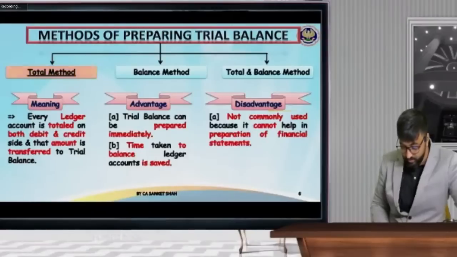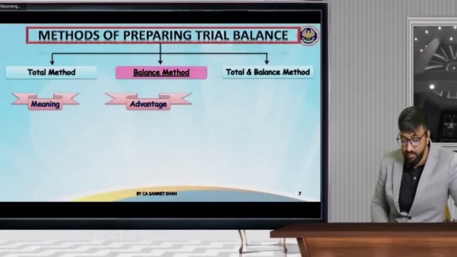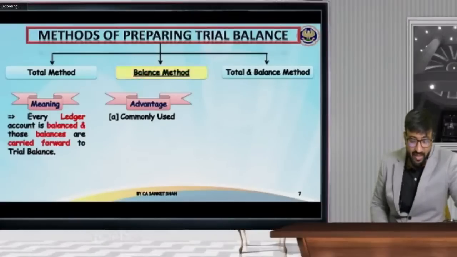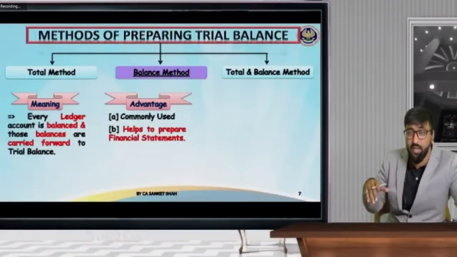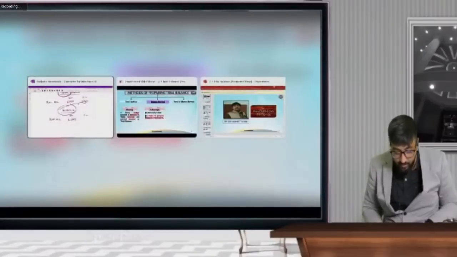Next one. Not commonly used. Now this will become the advantage. Commonly used. In the balance method, we take that balancing figure. It helps to prepare the financial statement. In the financial statement, we will never take totals. We will take only the last balancing figure. So this balancing figure will be carried.